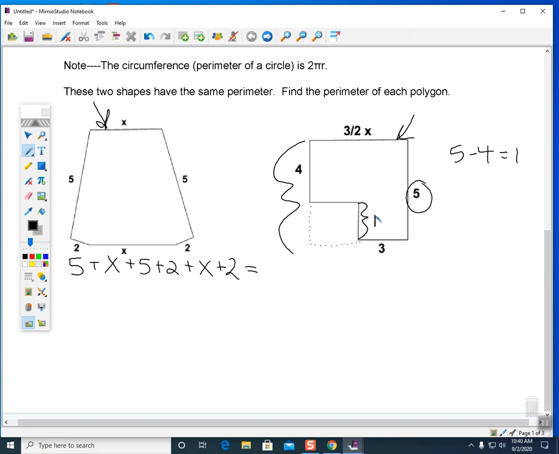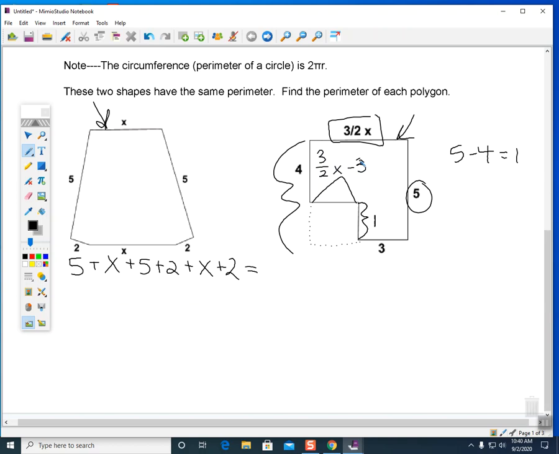I can do a similar thing with this guy here. My long side here is 3 halves x. And then I can just subtract 3 from it. So this side length is 3 halves x minus 3.